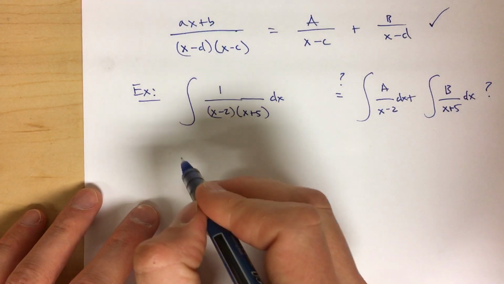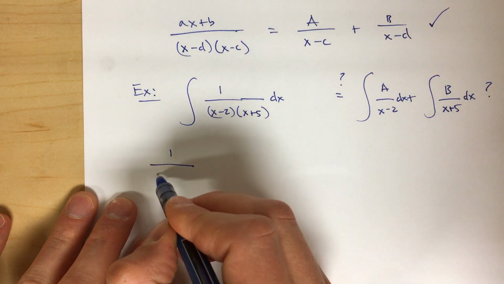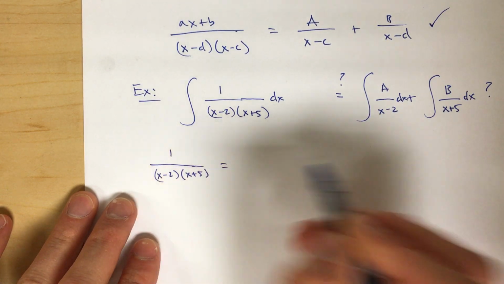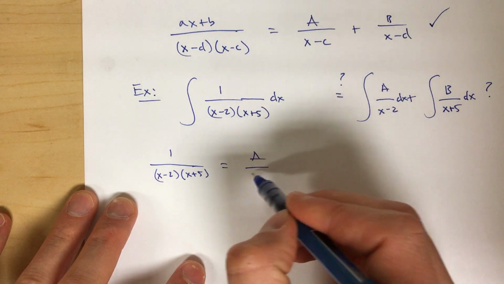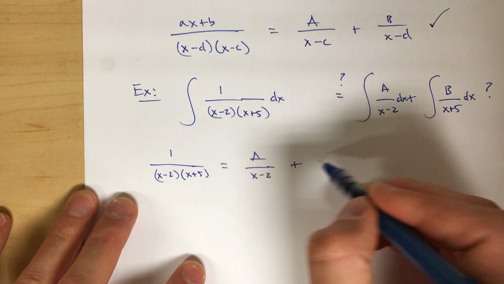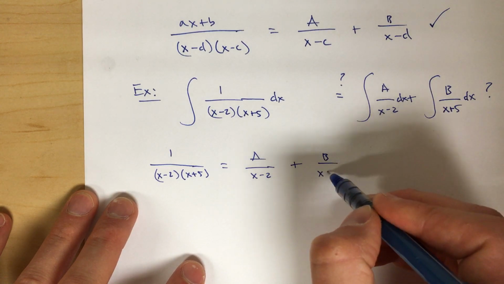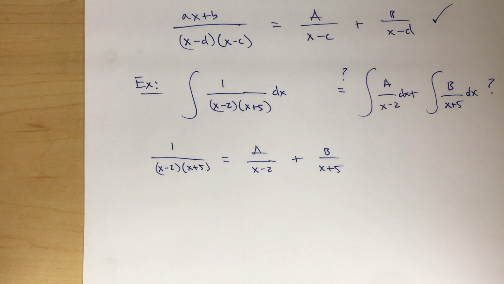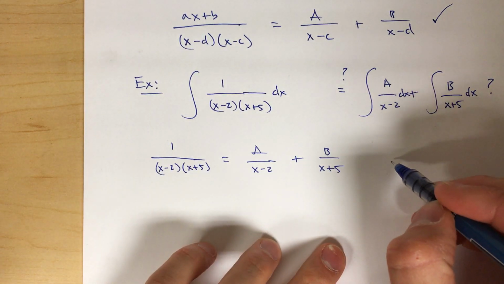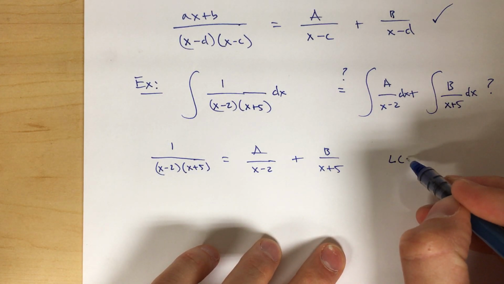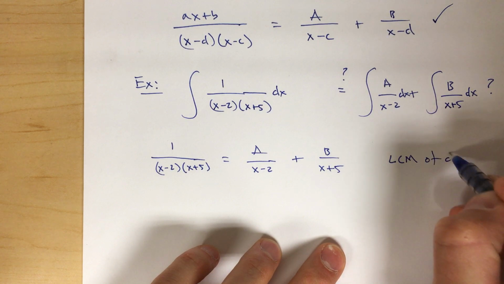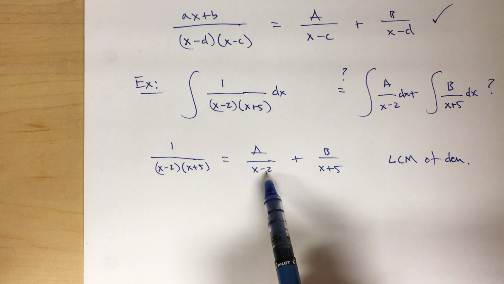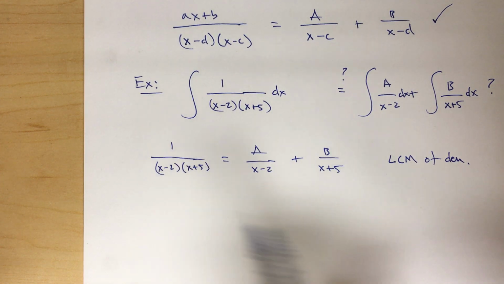So we're going to start by saying, let 1 over x minus 2 times x plus 5 be equal to a over x minus 2 plus b over x plus 5. And now we don't like fractions, so we're going to multiply by the least common multiple of the denominator, and that is simply x minus 2 times x plus 5, because these factors are already contained within this one.